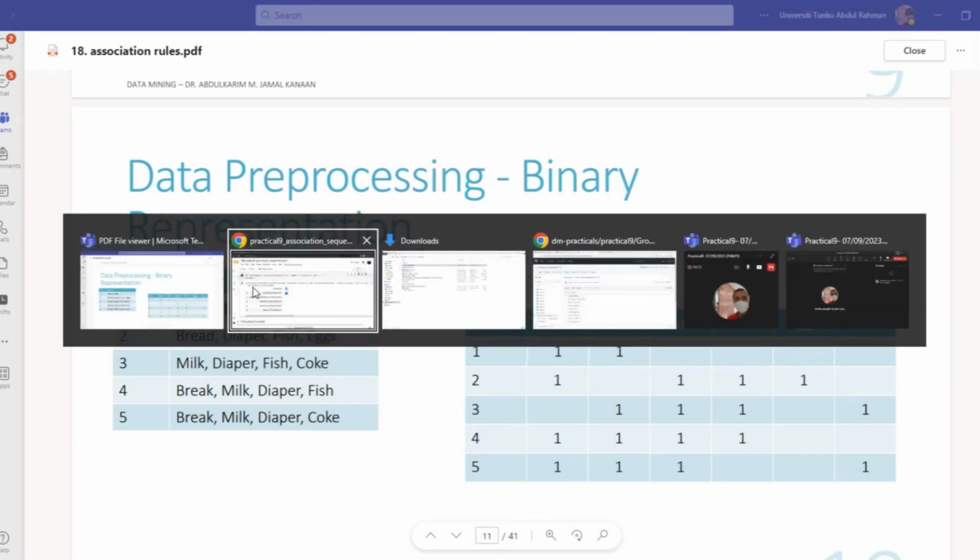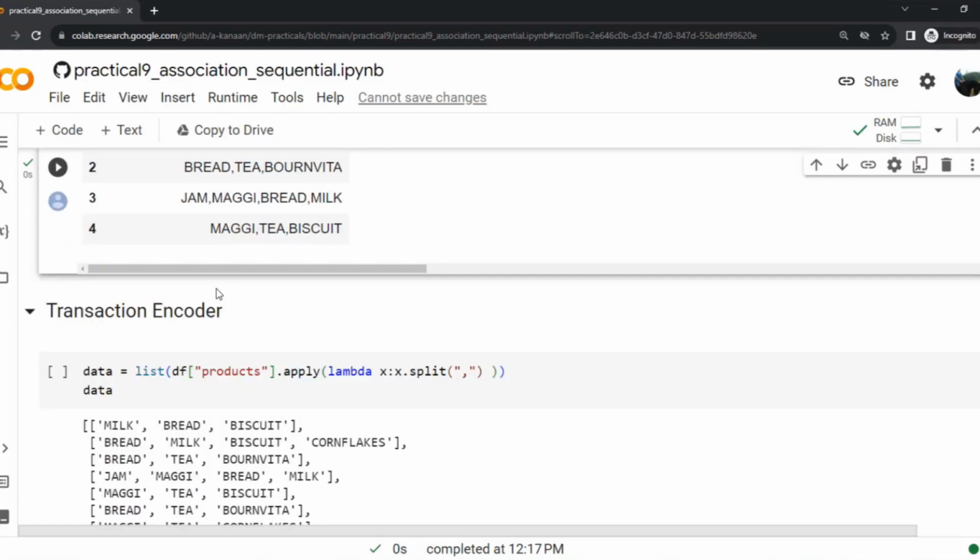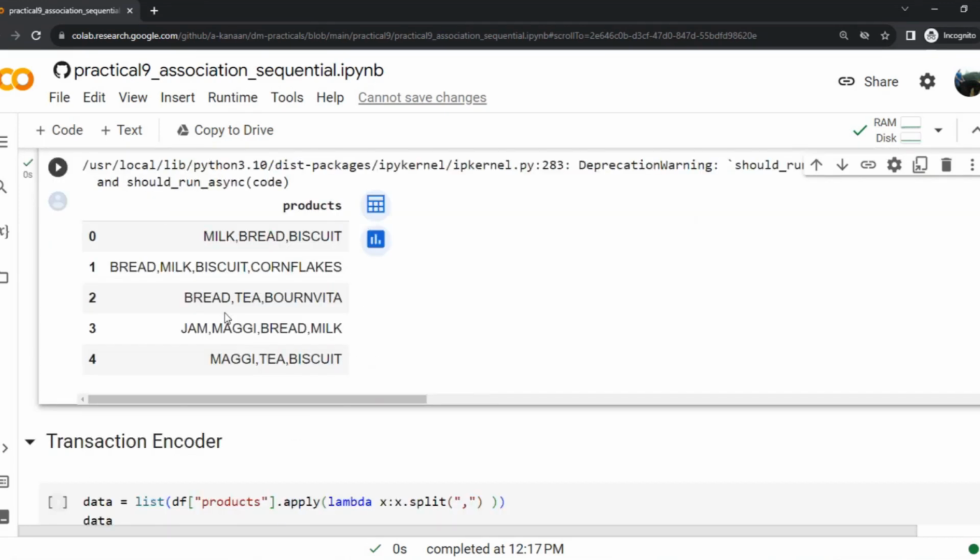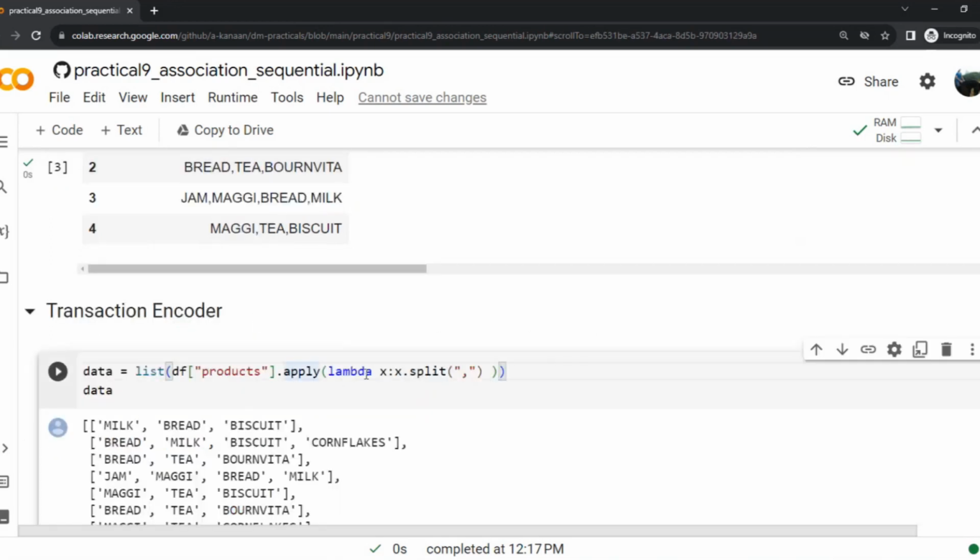In order to do this, we are going to use the transaction encoder from MLxtend. But before that, if we look back at the transaction data set, each transaction has a bunch of items, separated by a comma. So we are going to split the items by calling the split function, using comma as the separator, in order to split our items into separate products.